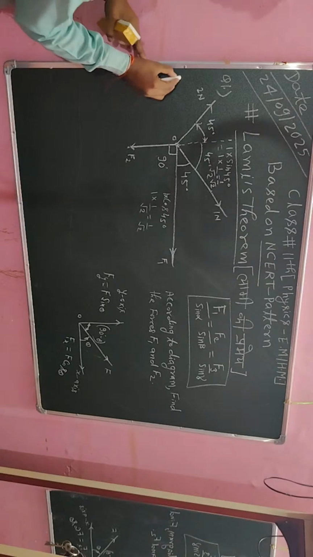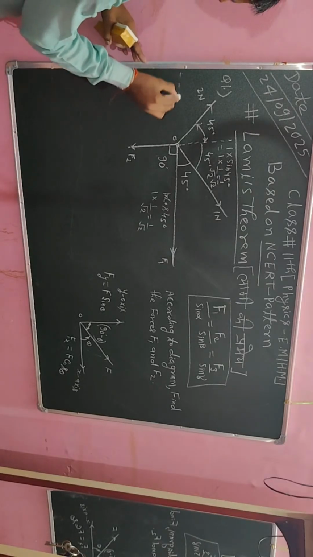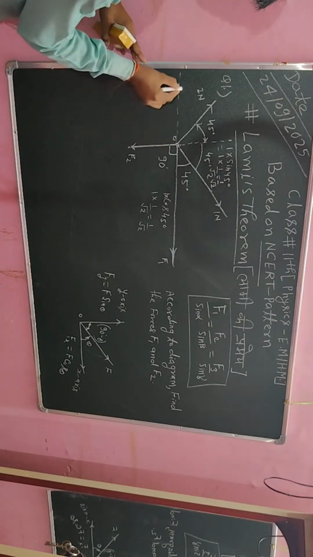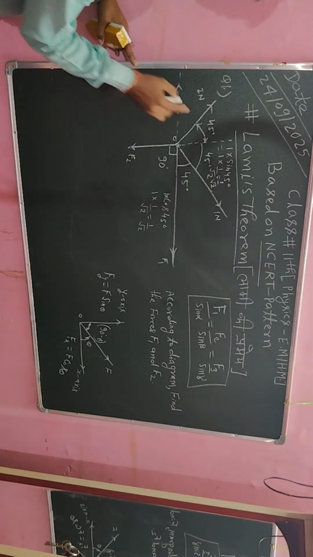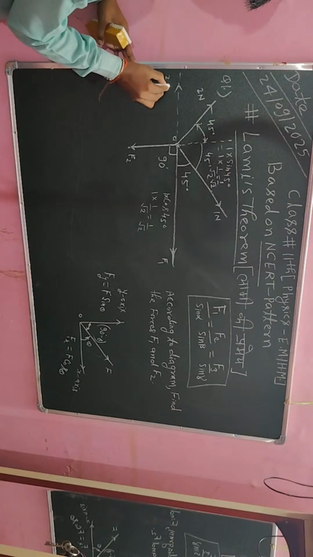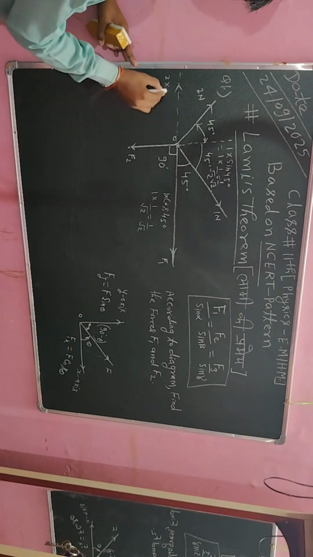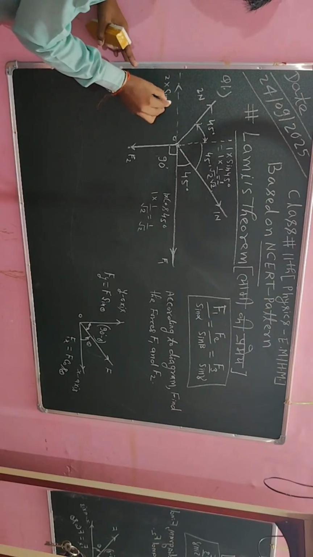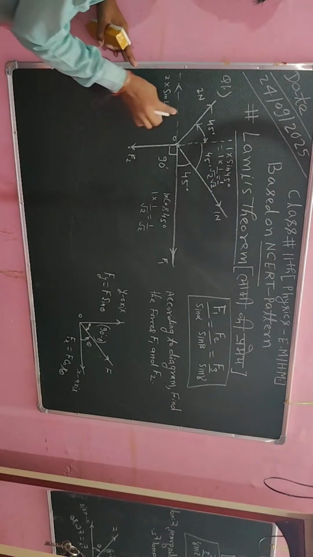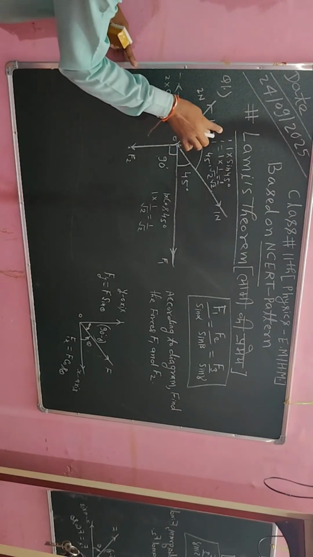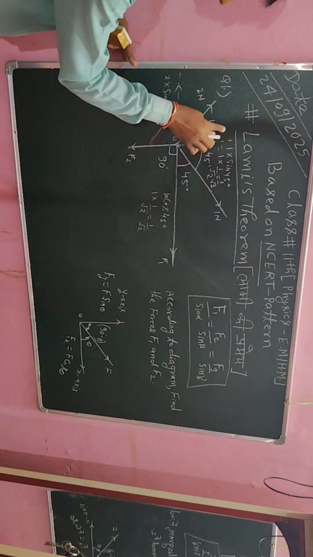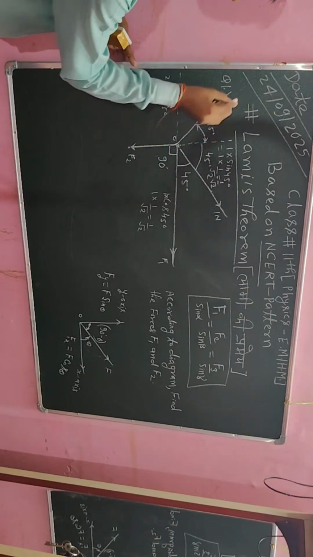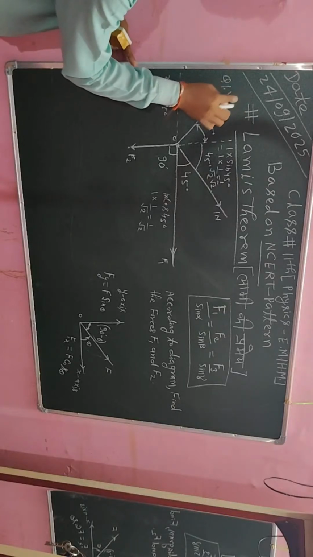So here I am going to draw along this axis. So along this axis I will say 2 Newton into cos 45 degree, because along this axis I will say F cos theta. So I will say F cos theta means 2 Newton.